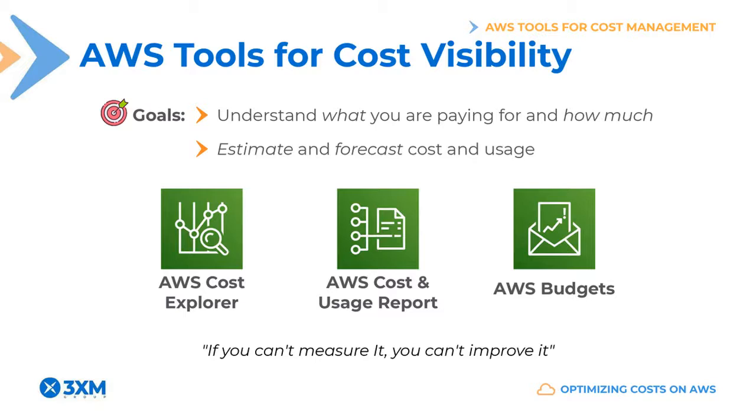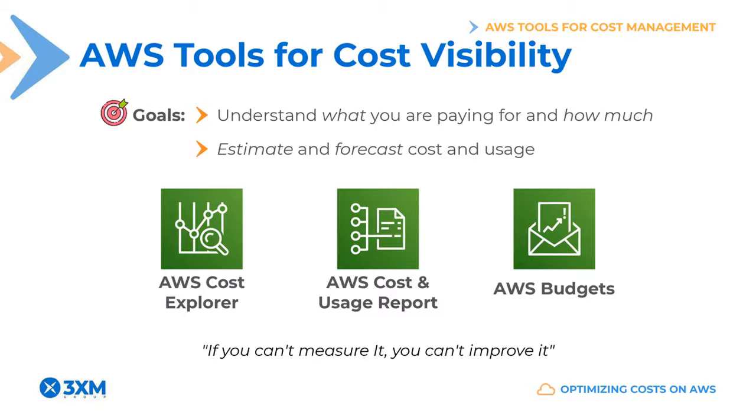I recommend starting here. With Cost Explorer, you can analyze your cost data at a high level. For example, you can check your total costs and usage across all of your AWS accounts. And you can dive deeper into the data by breaking down costs by services, by tags, by regions, and different criteria, right?